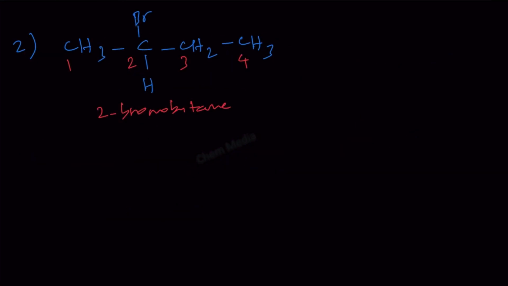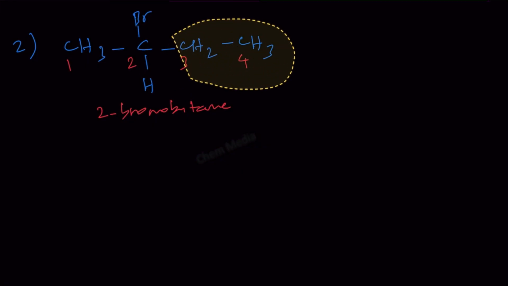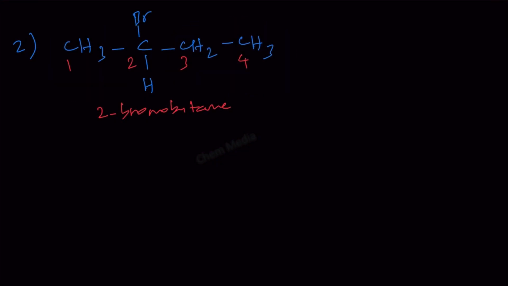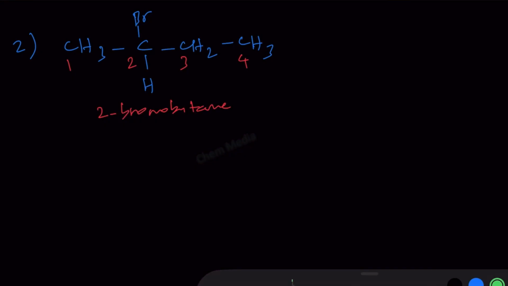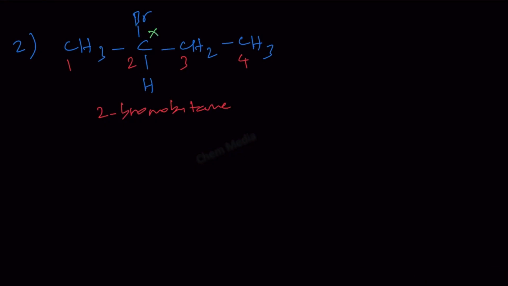Now, there is something special about 2-bromobutane because we have an asymmetric carbon: we have an ethyl group, we have a methyl group, we have bromine, we have hydrogen. So, this carbon, that is carbon at position 2, is chiral, that is the asymmetric carbon. This means that 2-bromobutane has 2 isomers.